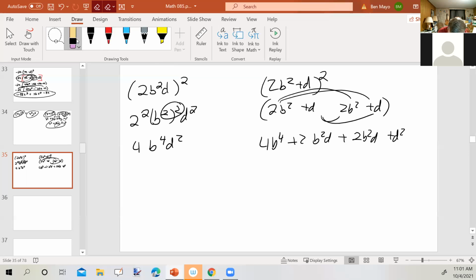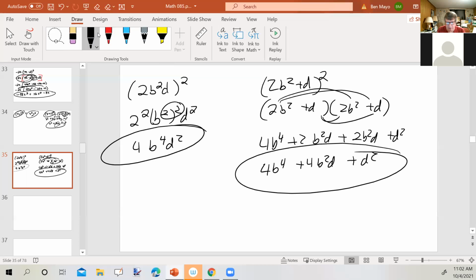Probably should put those closer together. So we've got 4b to the 4th plus 4b squared d plus d squared. Notice the answers are quite different, okay? So don't get those two operations mixed up. Okay, any questions?